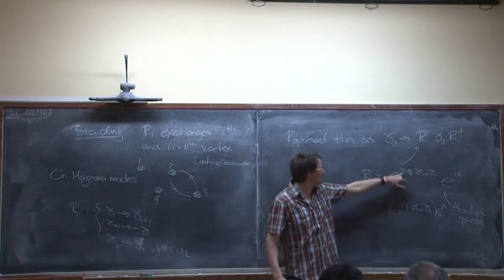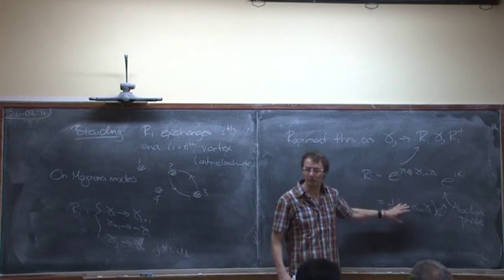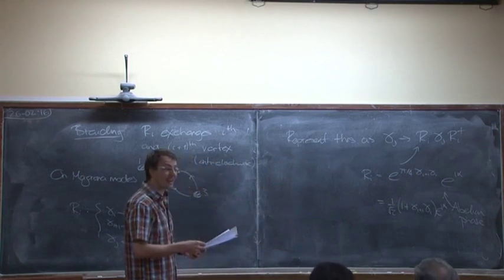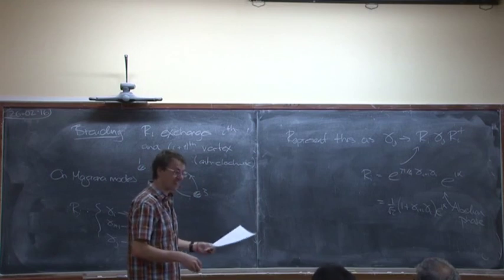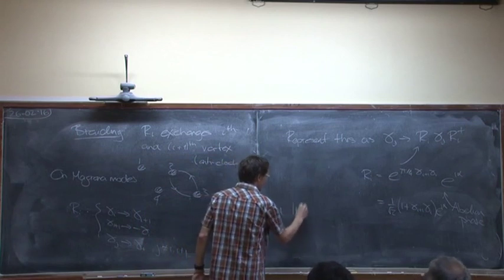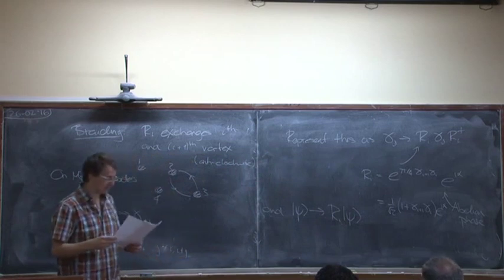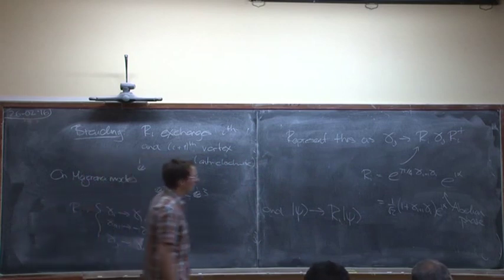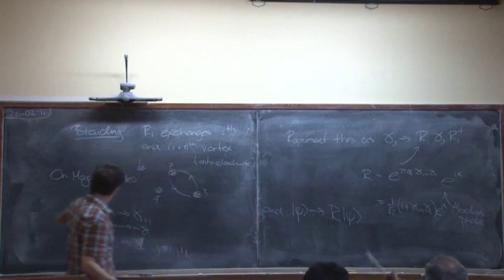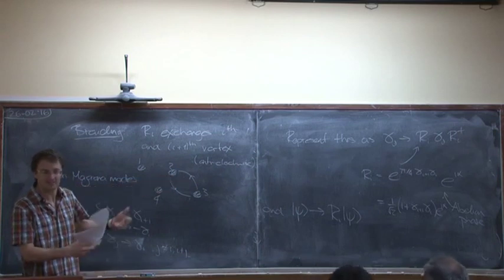The square root of 2 comes because the sine of π/4 and cos of π/4 are both one over the square root of 2. Yeah, that's right, there's a factor of 2. And then the states get mapped by the same unitary operator. This is taken care of with that wave function. Yes, this is exactly the same as that. There's a little bit of algebra you need to do to convince yourself that's true, but it's interesting.